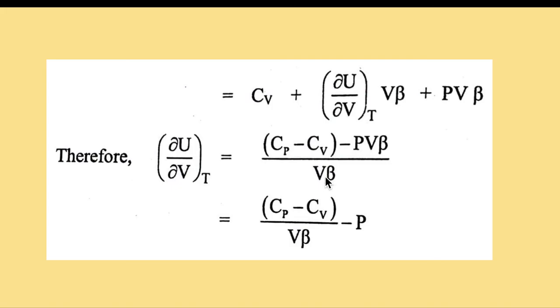Dividing with V beta, this becomes du by dV at constant temperature is Cp minus Cv by V beta minus P. So, by applying your first law, you can have an equation like this, and you can derive your Mayer's relation. And that's all in this lecture.